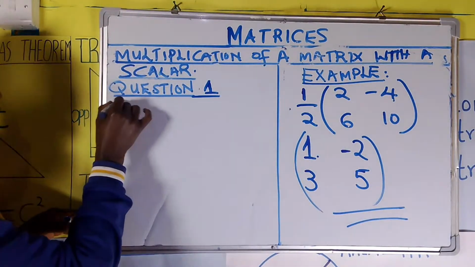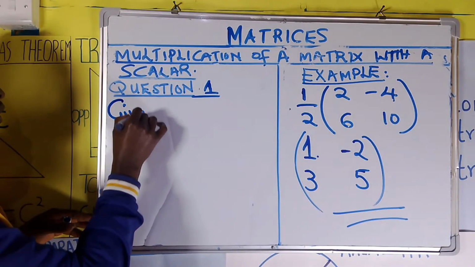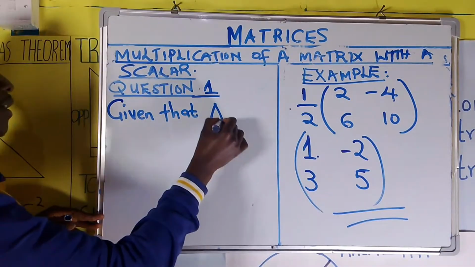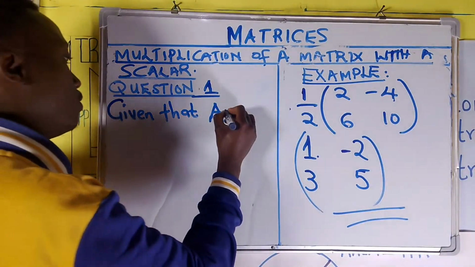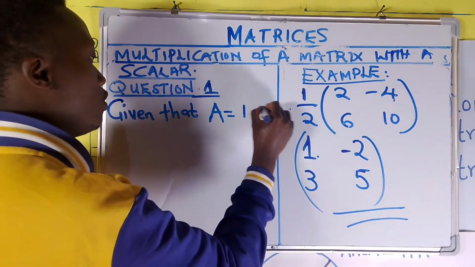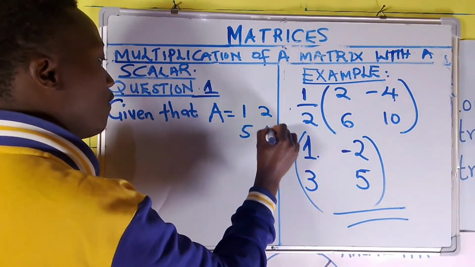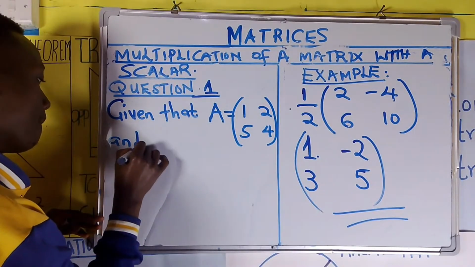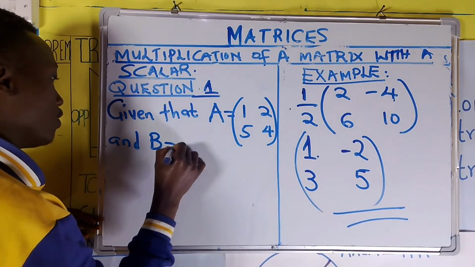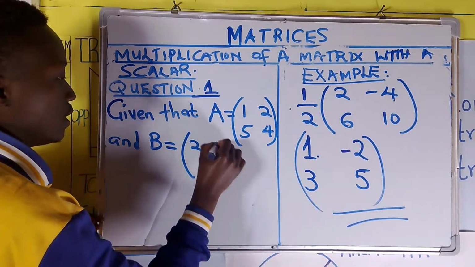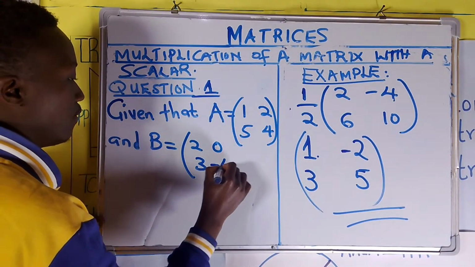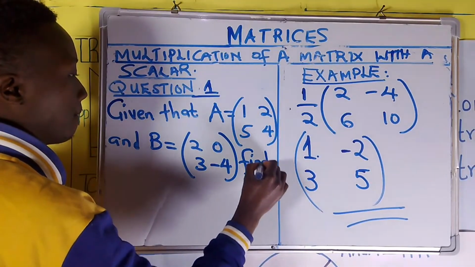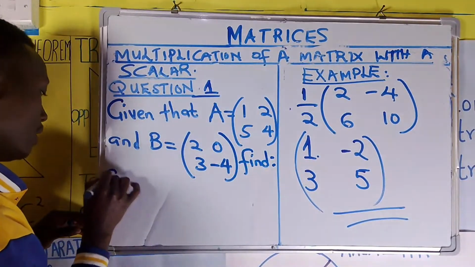Given that A is equal to 1, 2, 5, 4, and B is equal to 2, 0, 3, negative 4, find A.